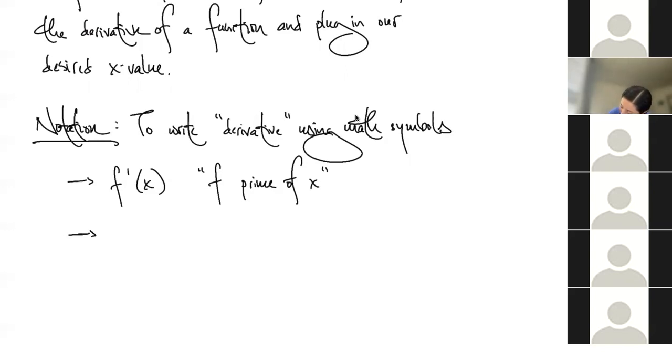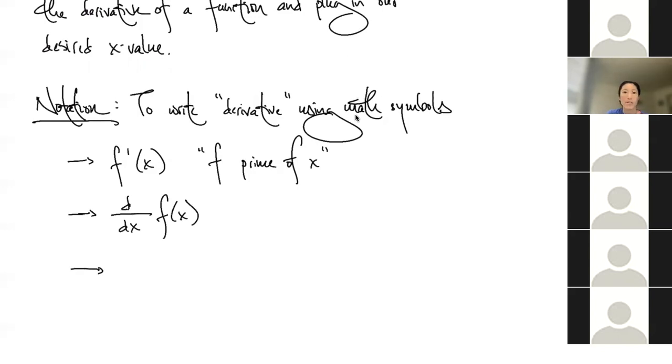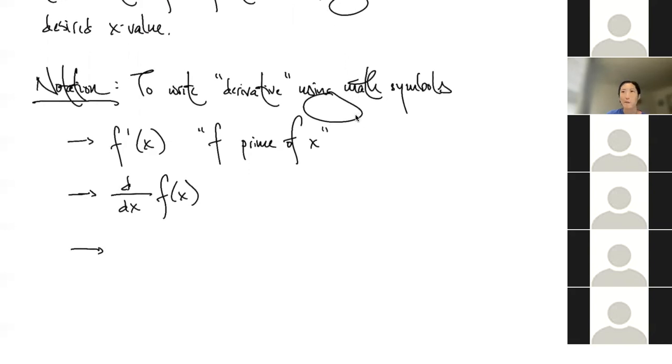So one way to say it might be d dx, and that usually comes with a function next to it. All right. So d dx does mean derivative. What are some other symbols we've seen before? Anyone ever see this before?